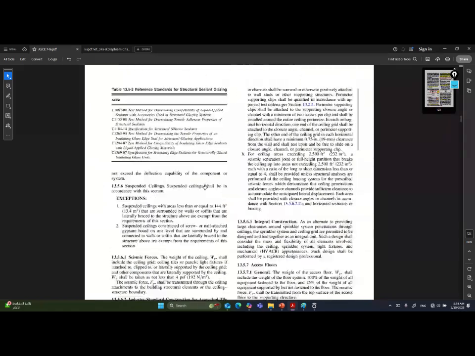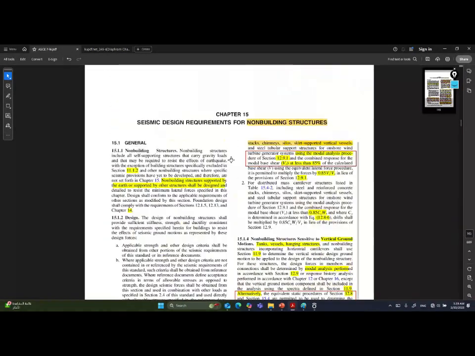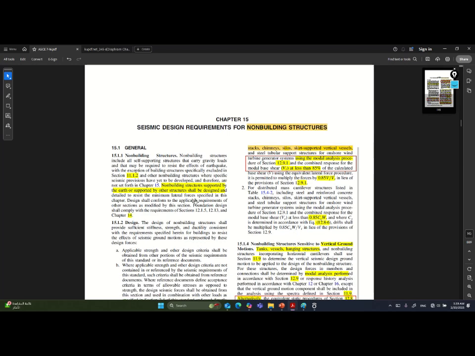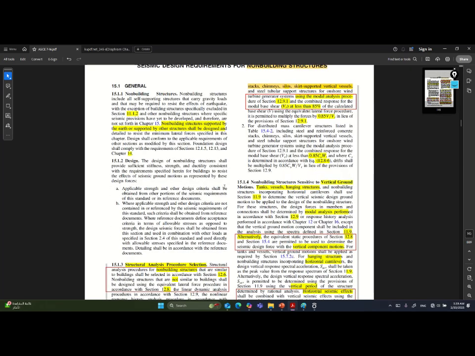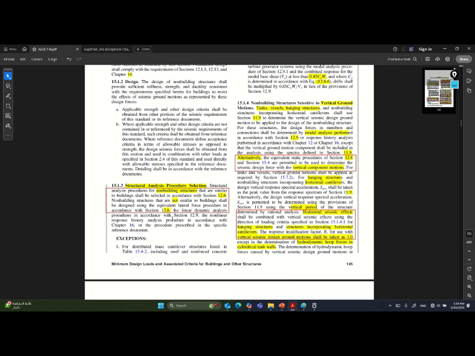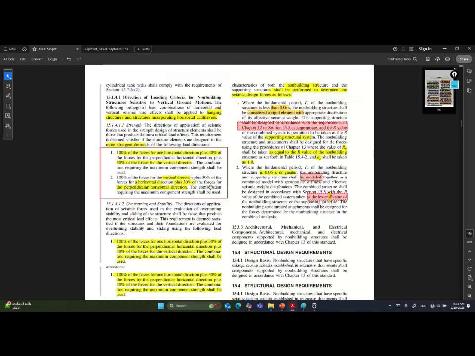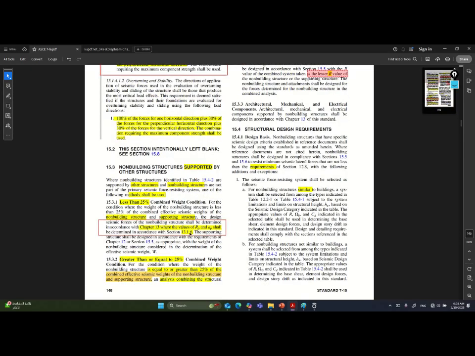Also, chapter 14 is dedicated to materials, and chapter 15 is dedicated to non-building structures. If it tells you that you have equipment, a non-building structure, and its own weight is lesser than 25%, then you will have to go to chapter 13. And if it is more than 25% and it is very rigid, you will also go to chapter 13.